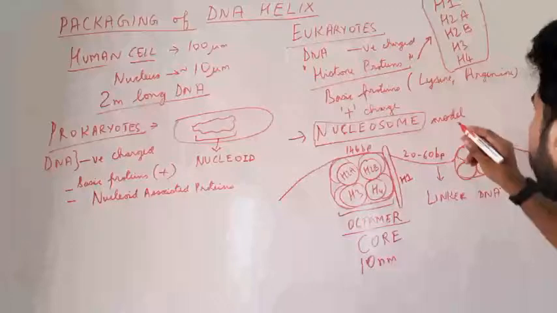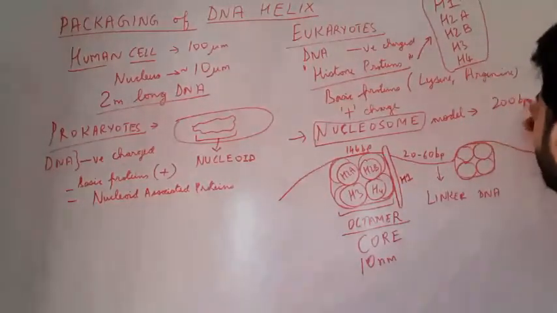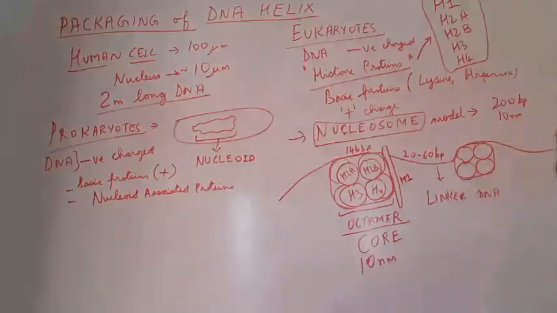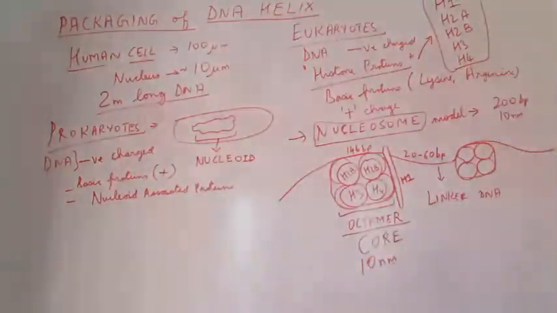So in general, a nucleosome structure is approximately 200 base pairs in length and 10 nanometer in diameter. That is the overall structure of the nucleosome.